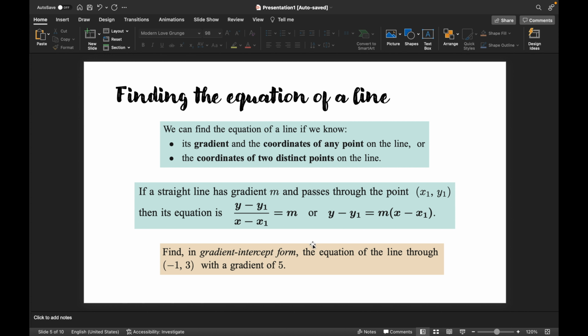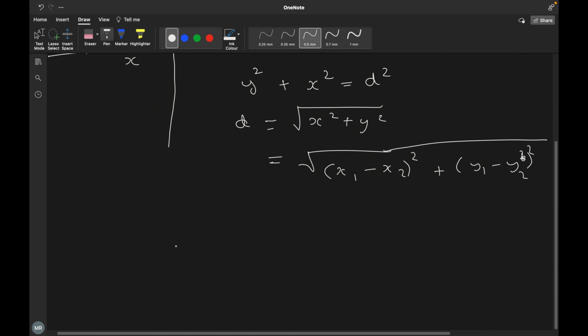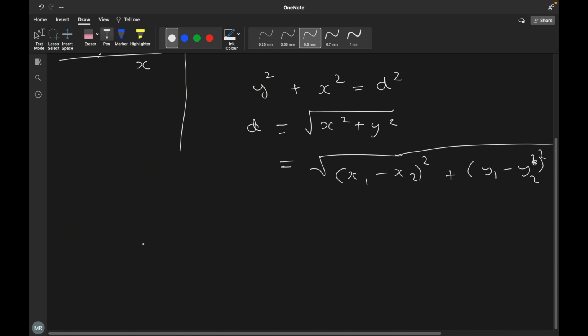So now let's work on this problem. Find, in gradient intercept form, the equation of the line through (-1, 3) with gradient 5. So let's do that. This is what we have, and gradient 5.